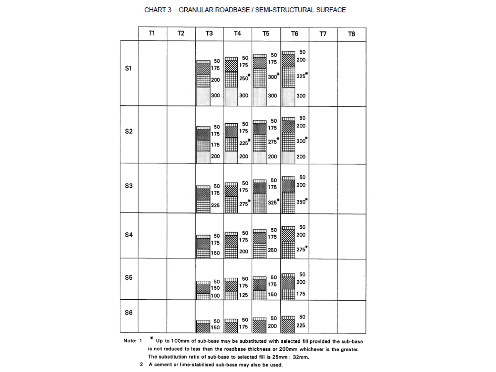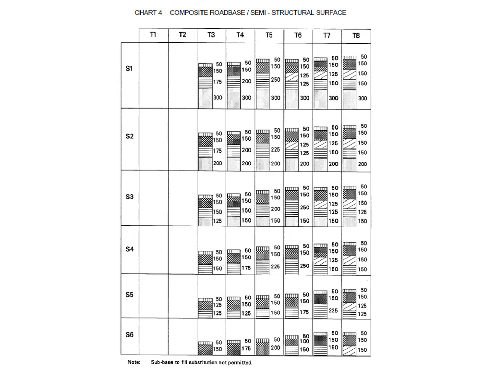So pre-mixed asphalt concrete surface is being used at the top, so this is treated as semi-structural surface. Again, on the next chart, chart number 4, you can see composite road base, semi-structural surface. Semi-structural surface means pre-mixed bituminous material has been used at the top.